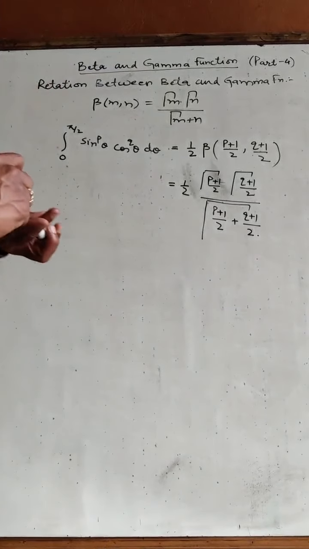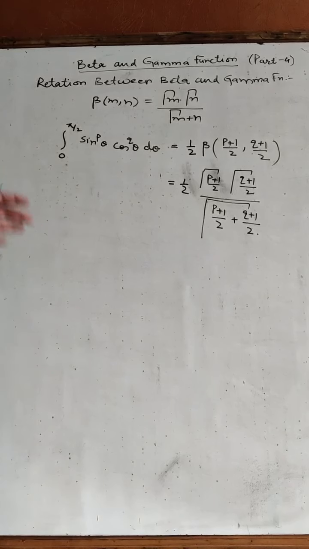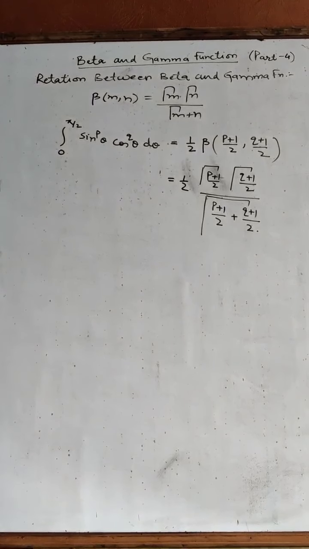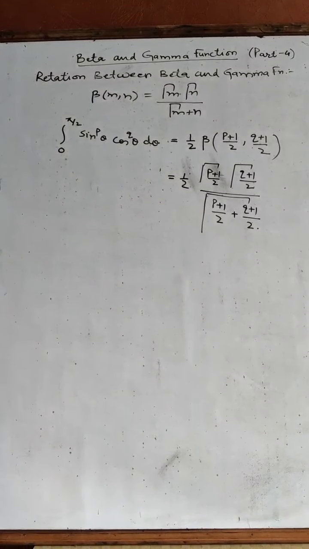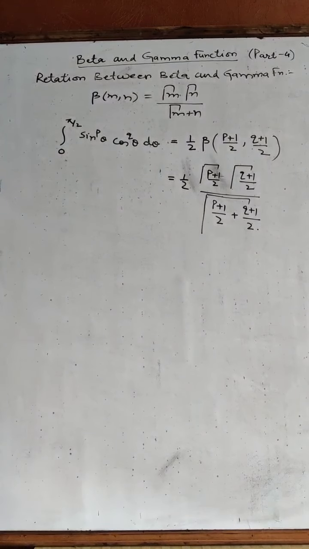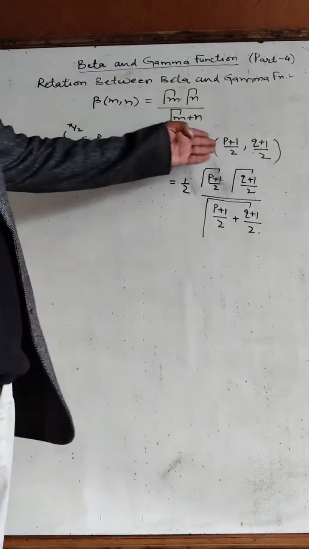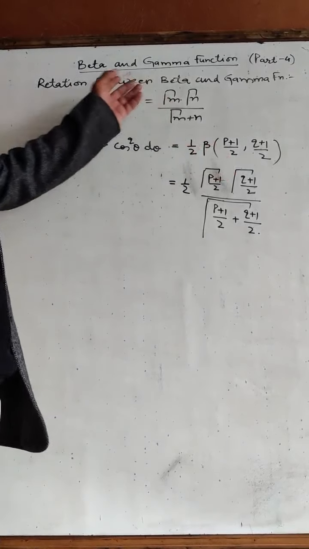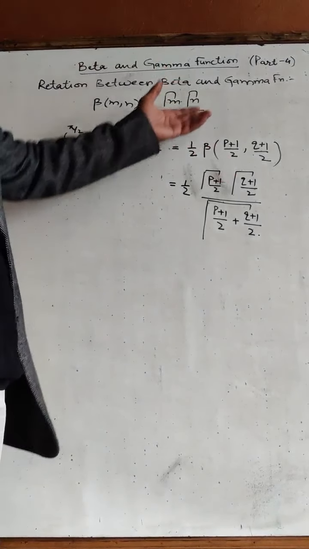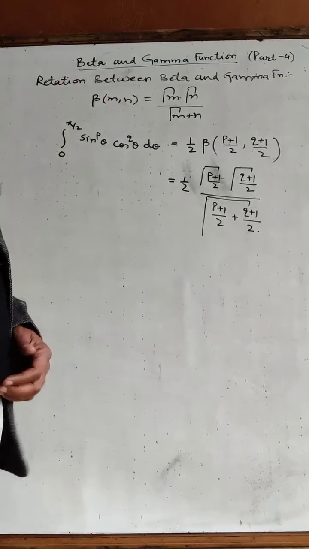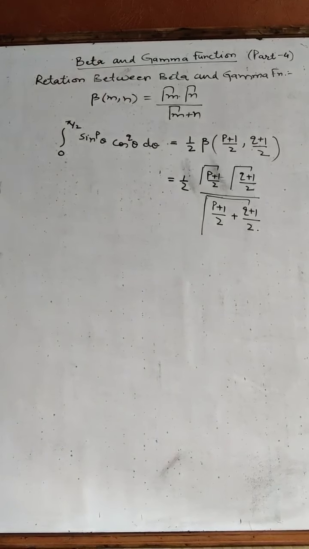So you have to keep in mind that this integral 0 to pi by 2 sine raised to the power p theta cos raised to the power q theta d theta can be written in the form of beta function, or using the relation between beta and gamma function, it can also be written in the form of gamma function.